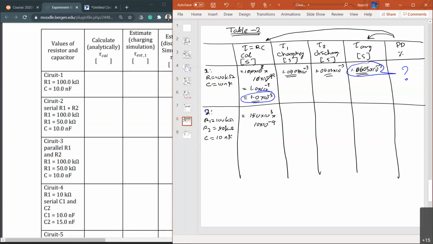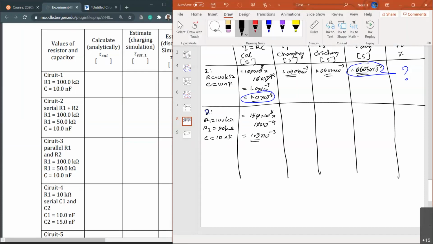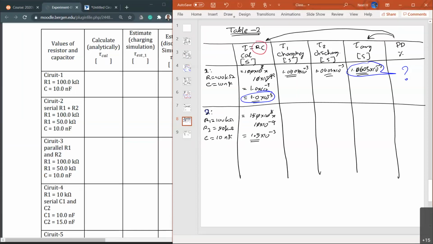So that will give you about 1.5 times 10 to the negative 3, so it is about 1.5 millisecond. Now you can see if I increase the resistance, then my time constant slowly increases. That makes sense because the time constant is just R times C, right? If you increase the resistor or capacitor, you can increase the time constant.